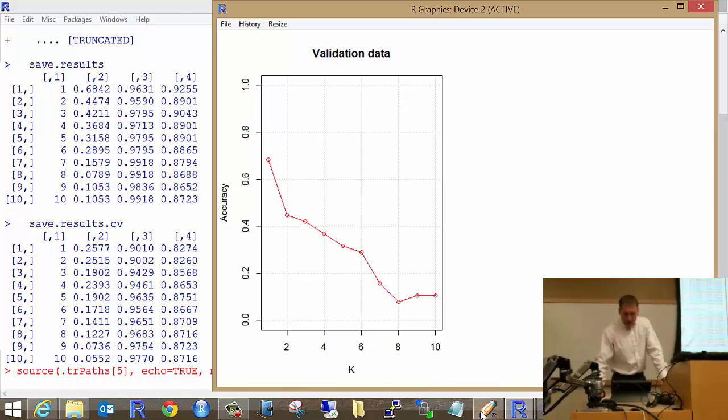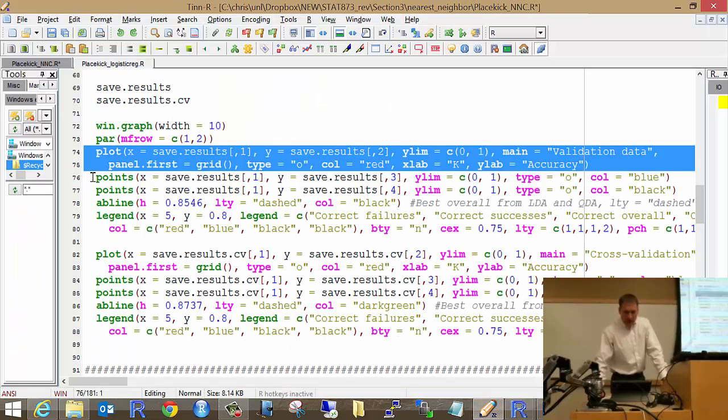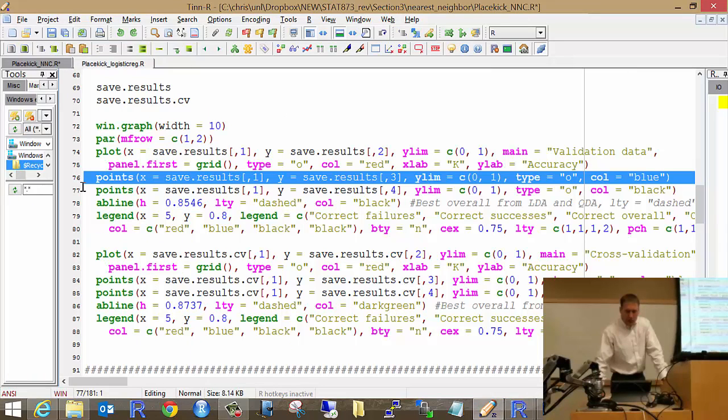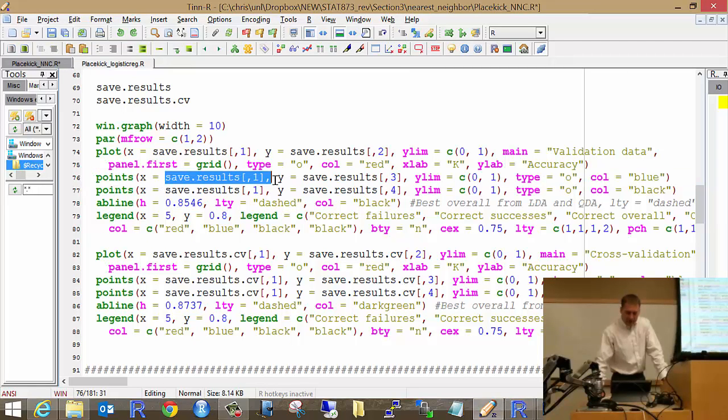And then to get the rest of the lines on the plot, I use the points function, where I say, again, K for the x-axis, and for the y-axis, the correct classification rate for the successes. I don't know why I put the ylim there. I don't actually need the ylim. But I again continue with type equal O, and I change the color to blue.